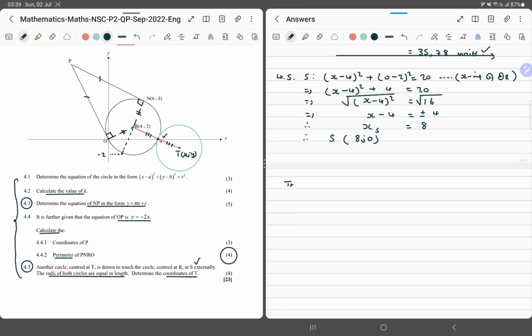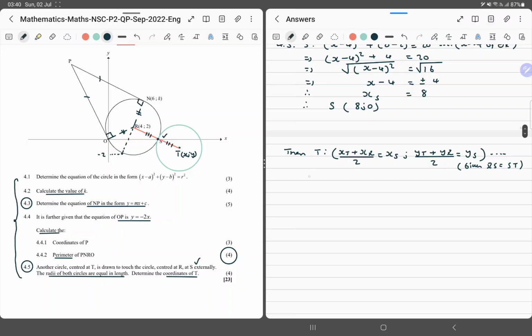We can simply say then we know that T is such that x at T plus x at R over 2 must give us x at S. Likewise, y at T plus y at R over 2 must give us y at S. It is given that RS is equal to ST. Not a problem.